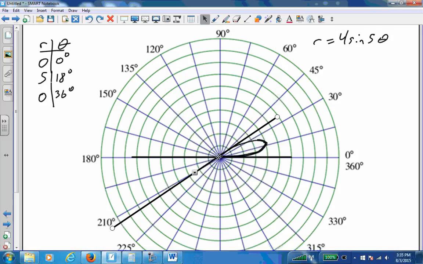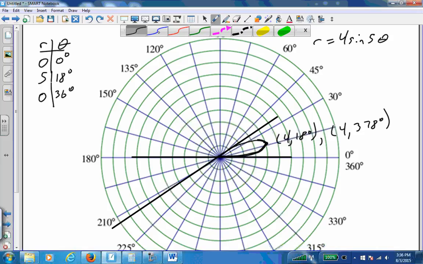But on a polar graph, we can name each point with an infinite number of names. For example, this point is a distance out 4 in a direction of 18 degrees. But if we add 360 degrees to that angle, it is coterminal, so it's in the same direction, so that's another name for that same point.